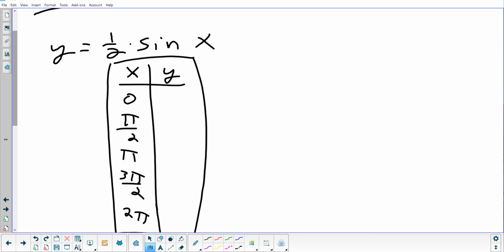Okay, those would be for cosine. So if we had 1/2 cosine x here, then what you just said would be correct.